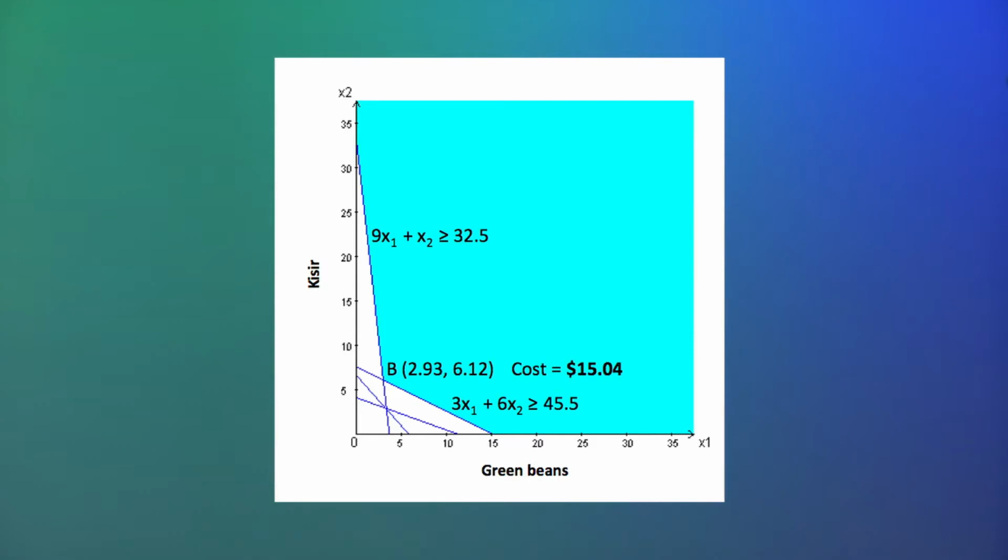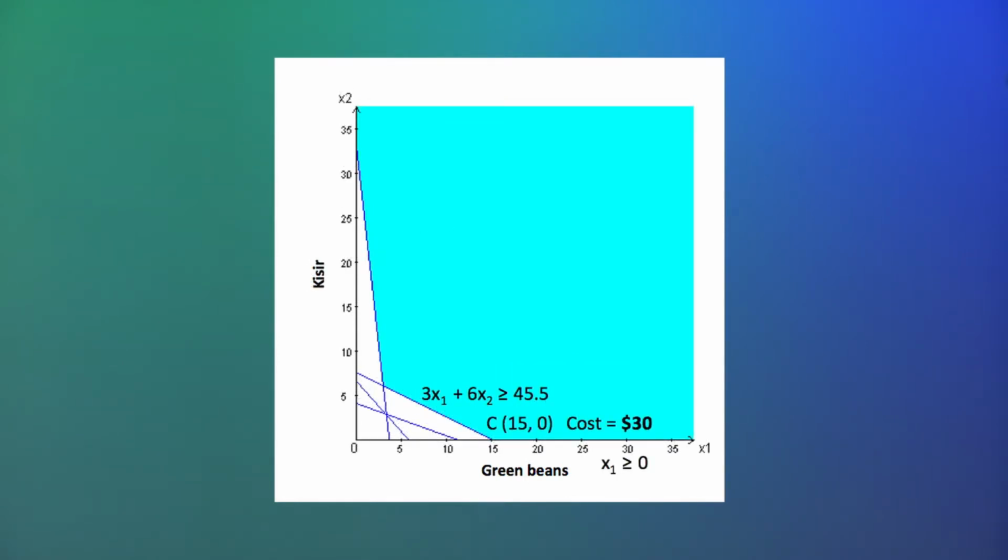Let's move to point B, which corresponds to the binding of the constraints 3x1 plus 6x2 greater than or equal to 45.5 and 9x1 plus x2 greater than or equal to 32.5. Evaluating our objective at point B with x1 equal to 2.93 and x2 equal to 6.12 results in $15.04.